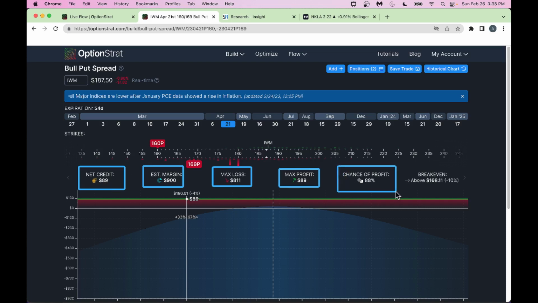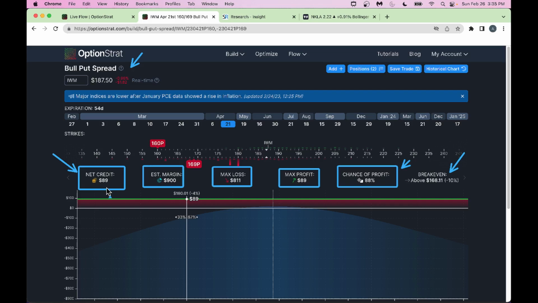That's why I love trading these big ETFs like SPY, IWM, even though you are making small money here, which is good. It's better than losing money. But look at your chance of profit. It's 88%. As long as the ETF stays above 168.11, right now it's 187, you can keep all the money here, which is $89.